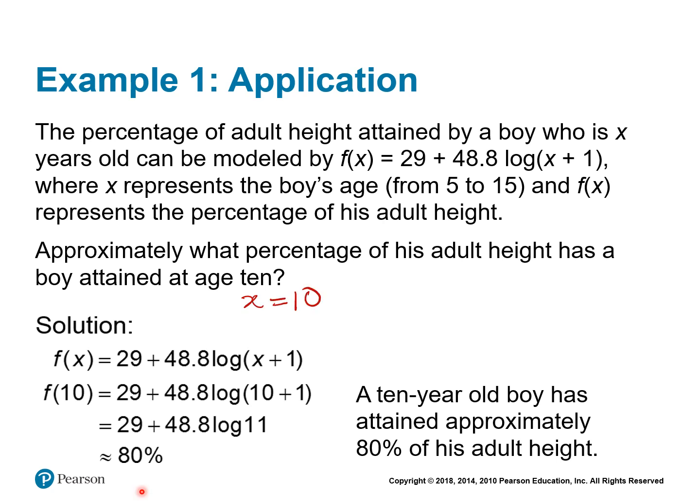That's why they have f of 10 here. They've plugged 10 into x. So we have log of 10 plus 1, and then we just evaluate. You will need to use a calculator to do this calculation, and we come up with an approximate percentage value of 80%. So a 10-year-old boy has attained approximately 80% of his adult height.